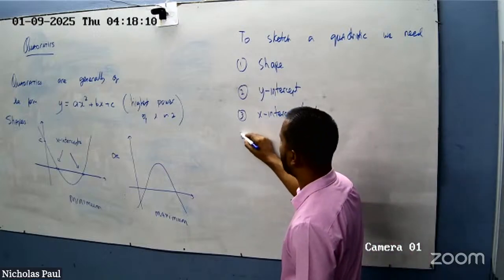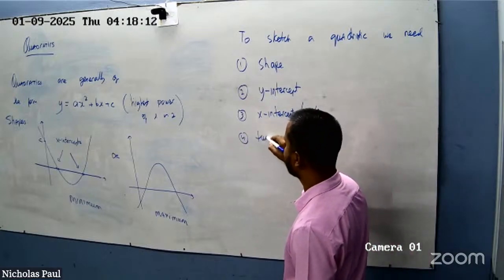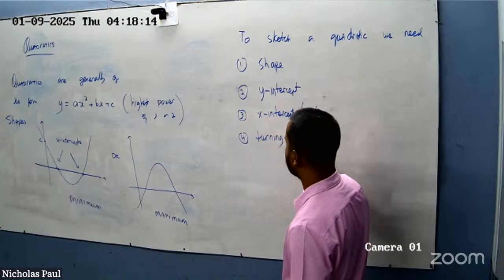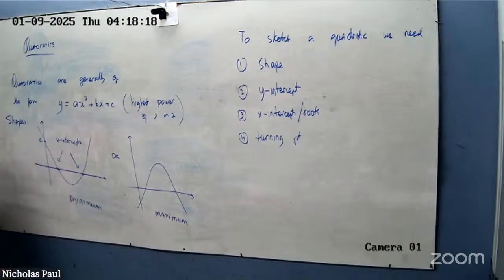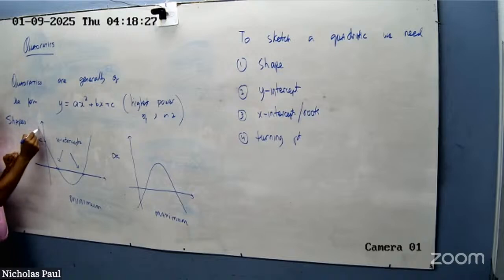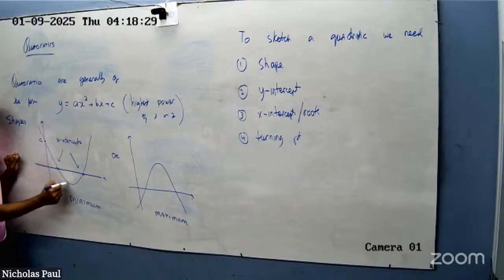And number 4, the last thing we need to get is the turning point. I want to make sure you understand what a turning point is. A turning point is where the graph turns. The graph is decreasing here, and when it reaches here, you see the graph turning. That's called a turning point.